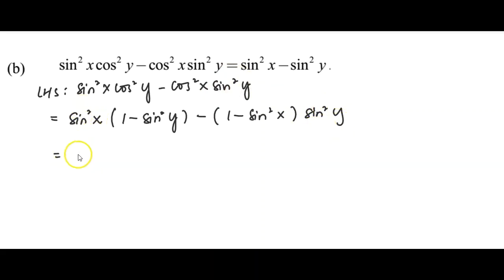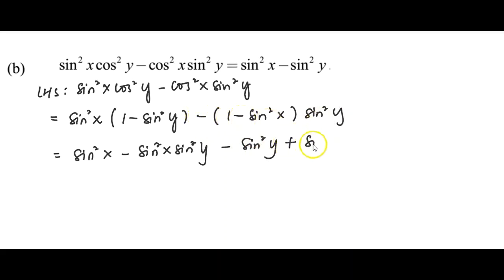And now we expand it. I've got my sine square x minus sine square x multiplied by sine square y, negative 1 multiplied by sine square y, you get negative sine square y, and negative multiplied by negative, you get positive sine square x multiplied by sine square y.